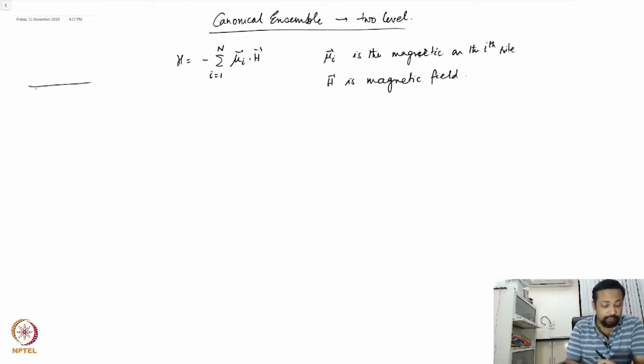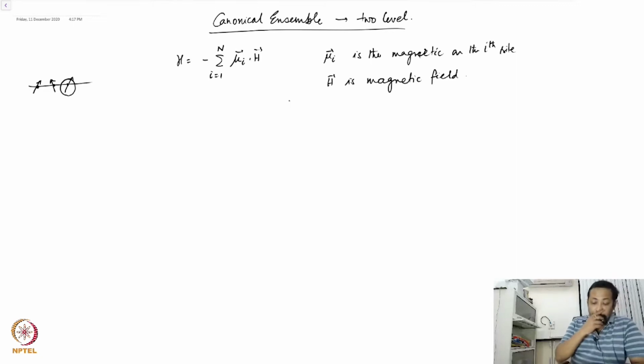So the thing is that I have these spins sitting on the lattice, except that they are no longer plus 1 or minus 1, but they can rotate freely on a circle of radius given by the modulus of this.